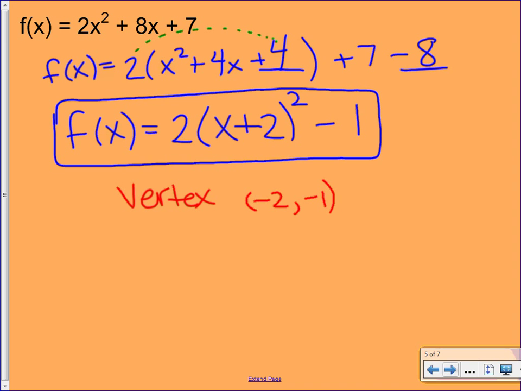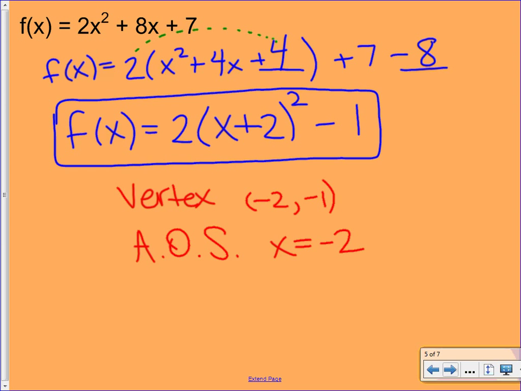A vertical stretch. Very good. Where is our axis of symmetry? X equals -2. I'm not going to go through the graph of that one because I just gave you a test over graphing our transformations, right? We're going to save our time.